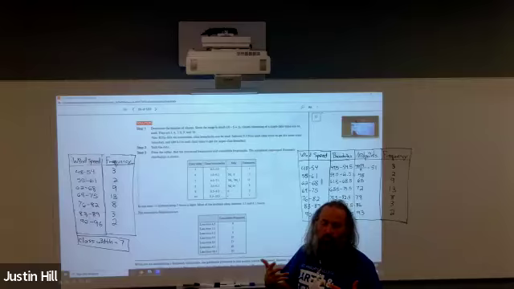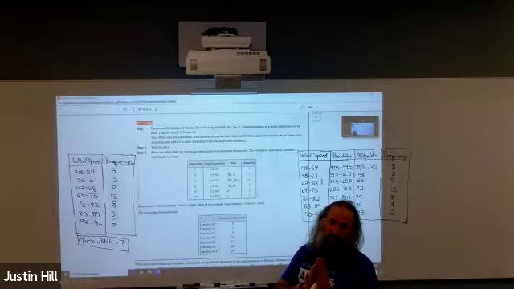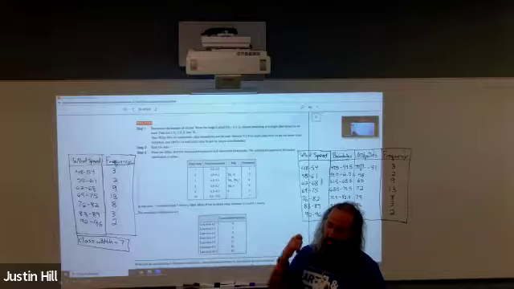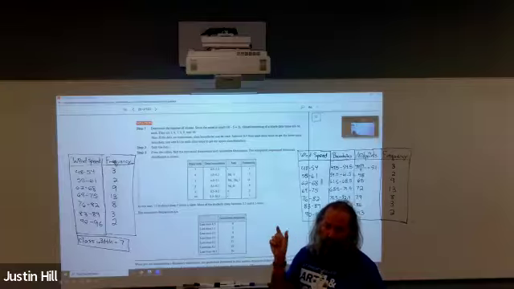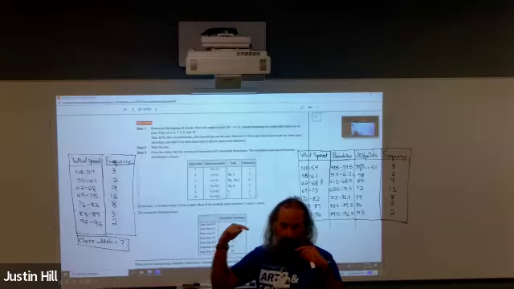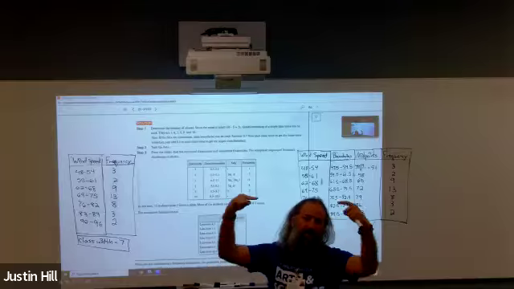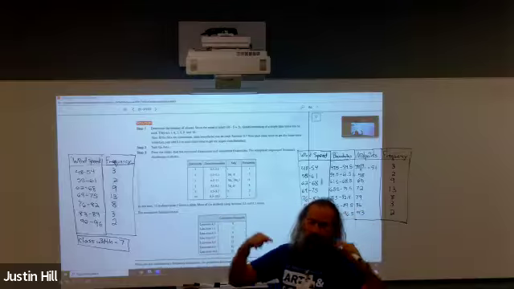A cumulative frequency table tells you, you're going to count how many of your data points fit now, not a single class, but that class and everything before it. So you're literally going to add up everything before it as you go.